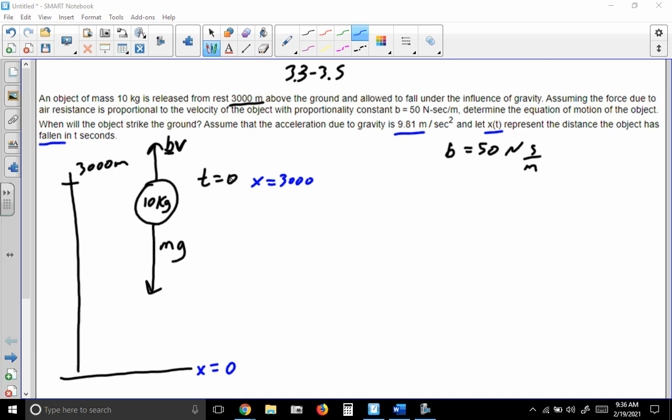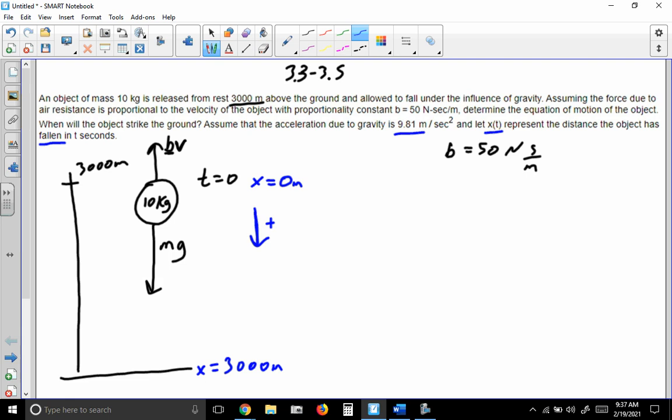We don't want at time 0 x to be 3,000. We want at time 0 x to be 0 to represent that when we start the clock, it hasn't fallen any. And then when it gets to the ground, it's fallen 3,000 meters. So we can set our coordinate system up however we choose. Based on the question here, this is the way they want it to be set up. So that means that we would consider downward a positive direction.